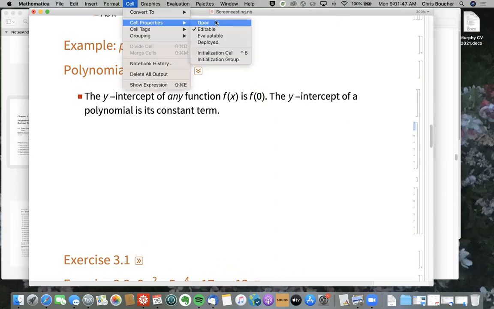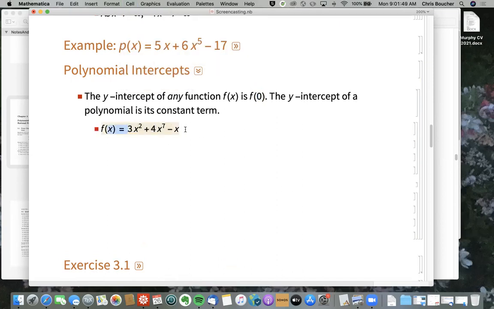And so if we have a polynomial, here's a polynomial, or any other function for that matter, we get the y-intercept by just evaluating the function at 0. So when I plug in x equals 0, this is my input-output rule. The input slot is where all the x's are. I just put zeros there and compute, and here I come out with 0.